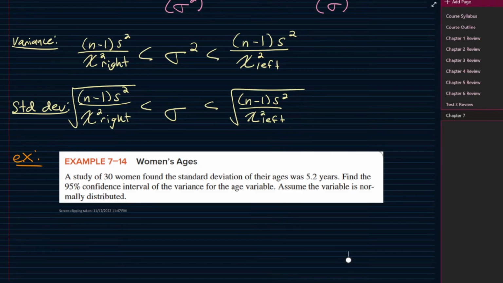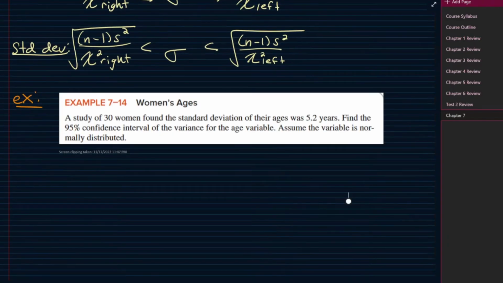So a study of 30 women, that's our n. And in that sample, they found their standard deviation to be 5.2 years. So that's our s. And we're looking for a 95% confidence interval for variance.